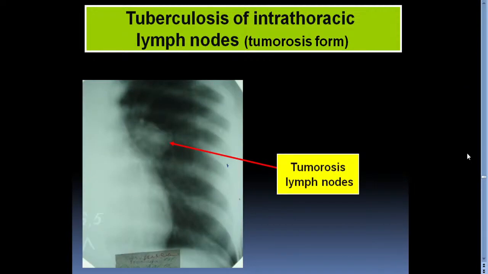On this tomography, we can see tumorosis lymph nodes also in the left lung root.